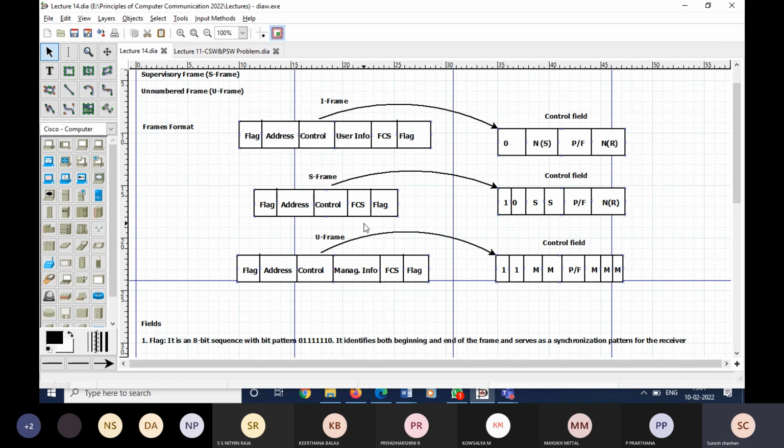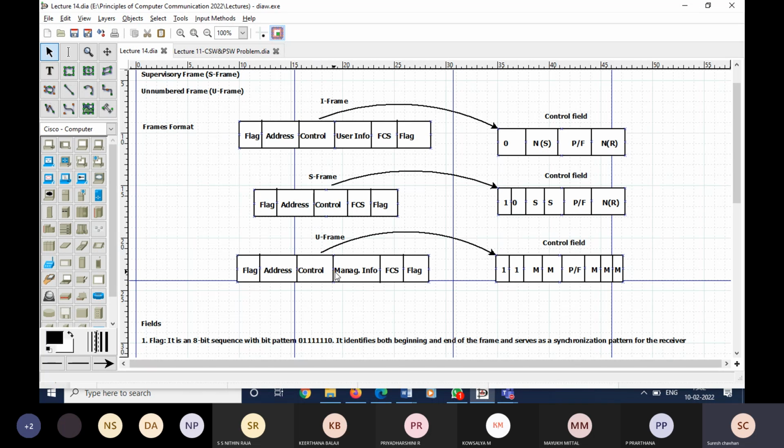There we use a bit pattern, and that bit pattern is what we call the FCS, the frame check sequence bits, correct? And finally the flag. So this is the complete I frame, and the S frame also includes this.